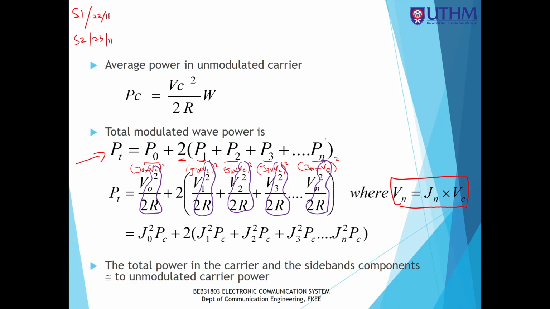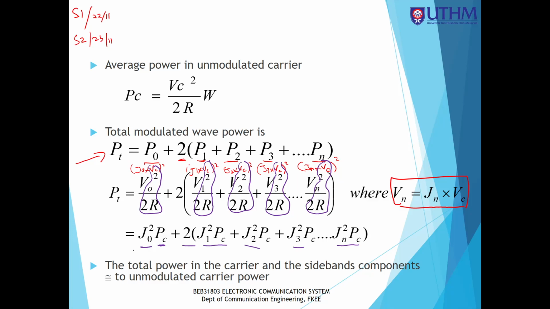So Vc square over 2R is actually Pc. If you want to rewrite the equation, it becomes J0 square Pc, where Pc is Vc square over 2R, plus 2 times J1 square Pc plus J2 square Pc plus J3 square Pc until Jn square Pc.